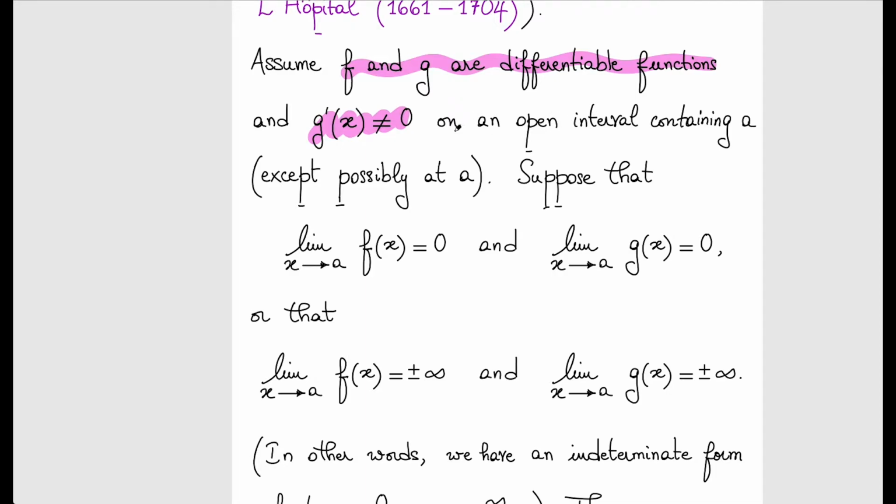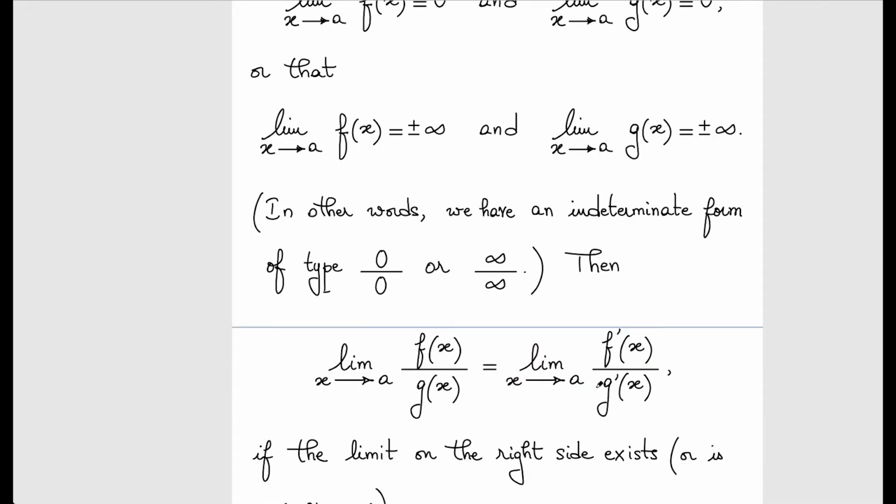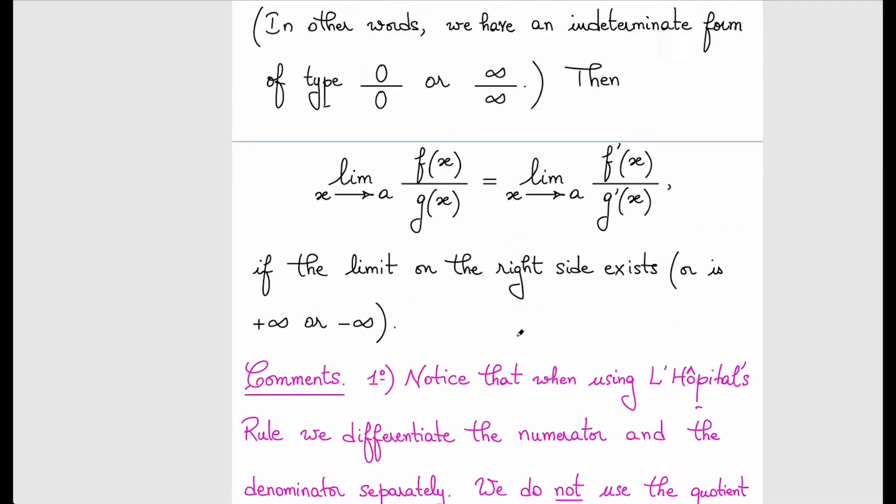So as long as there exists an open interval containing a where these conditions happen, except at a, it's okay if this doesn't happen at a, but they happen in a neighborhood, in an open interval containing a, then I'm going to be able to apply the rule, right? Okay, so let's go back.